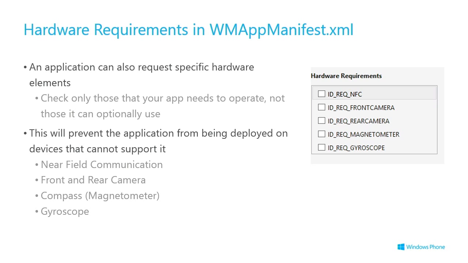If you check NFC and your application absolutely needs NFC, and otherwise it won't operate, then if somebody on a phone that hasn't got NFC tries to download that application, they won't even see that application when they're browsing the store. It won't be there because it's used to filter the ones that are shown in the listings. So this is ones that are absolutely required by your application, not ones that you might optionally use.